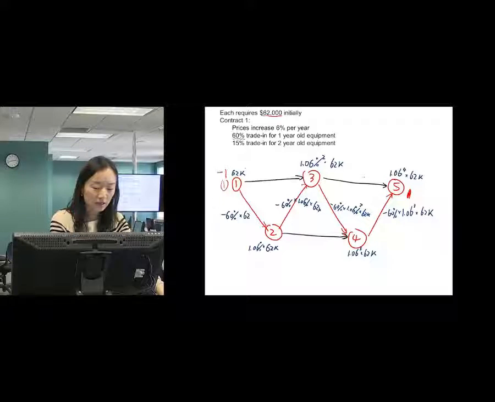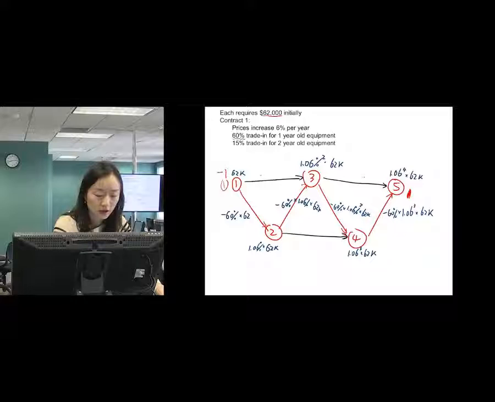So what's saying that, okay, for this new equipment that we purchased at 62,000 at the beginning of year 1, we're going to use it for 2 years, and then at the beginning of year 3, we're going to trade it in. Okay, we already put the price here, the cost that is going to occur when we buy the new equipment.